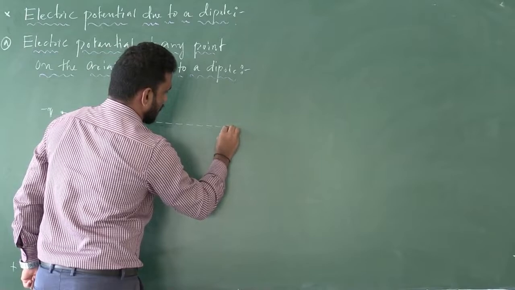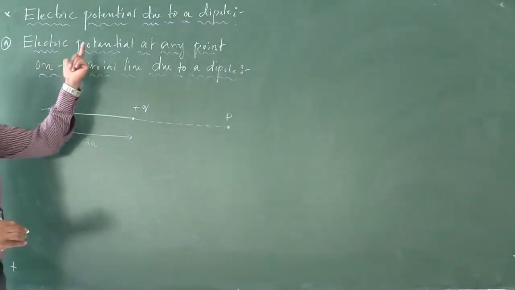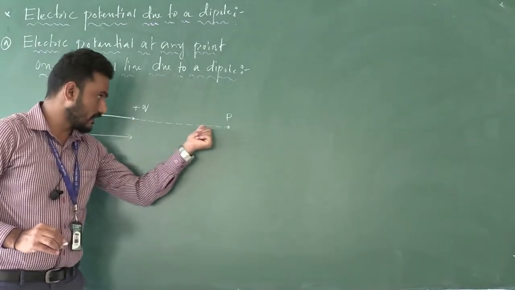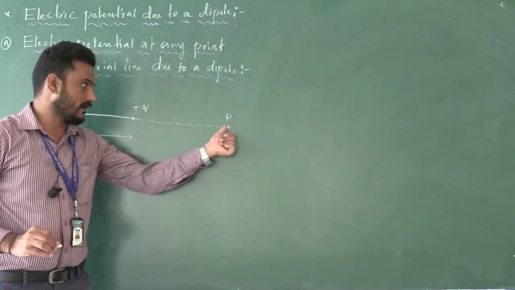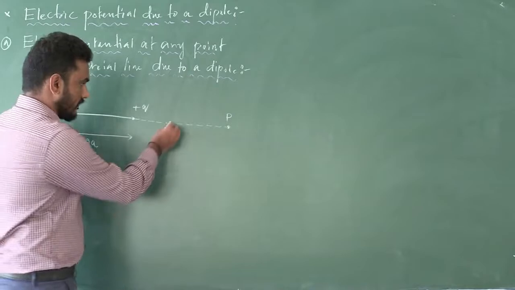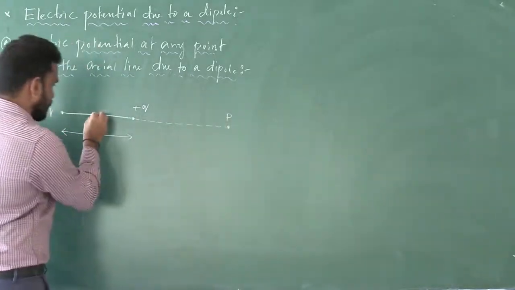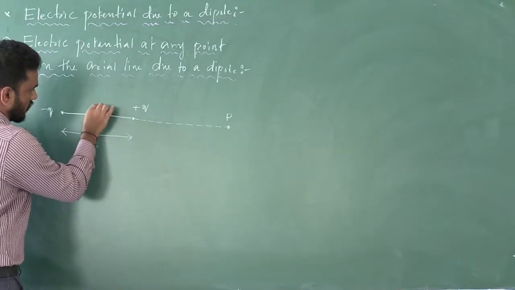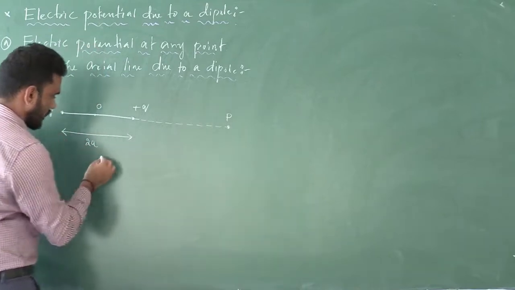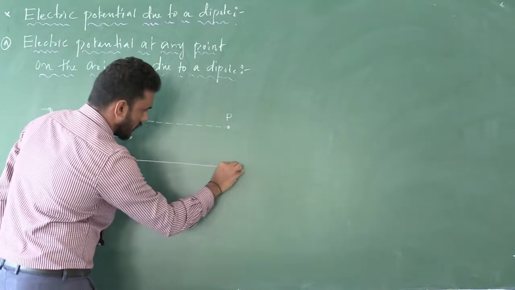I need to calculate electric potential at any point on the axial line. Look at this, this dotted line represents the axial line. On the axial line, I will mark one point. Either here or here you can mark, I marked here. This is the midpoint of the dipole, we shall call it O. The point I marked on the axial line is at a distance of R from the midpoint of the dipole.